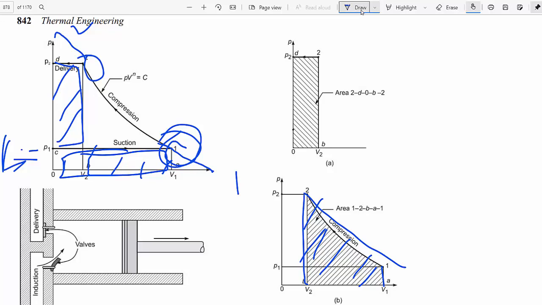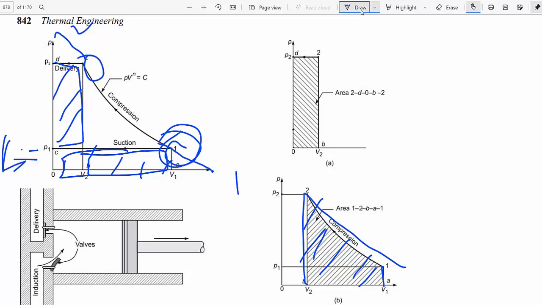Okay, this is the main important concept. Point 1 and point 2 are slightly differentiated from the x-axis and y-axis, so they are slightly deviated from the x-axis and y-axis, because point 1 is at atmosphere pressure of 1 bar.